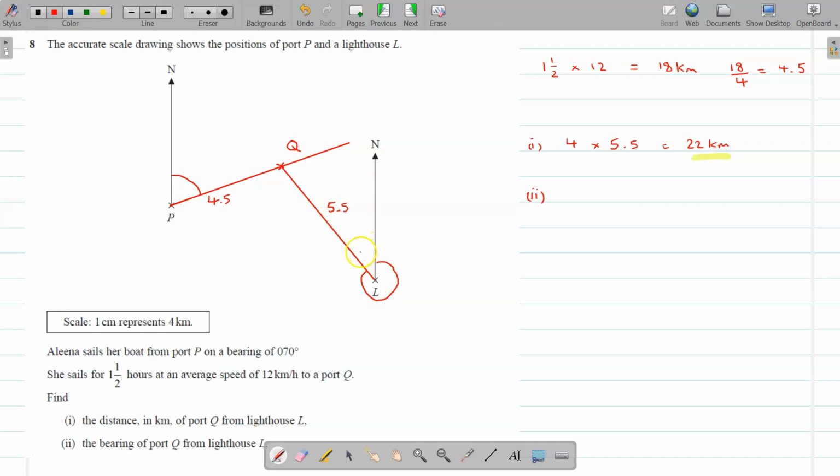Find this angle in here, and that's about 35 degrees on my diagram, and then I'm going to subtract that from 360 to give me the angle I need. So take away the 35 and that gives me 325, which is within the tolerance range of the answer. So that's the bearing.